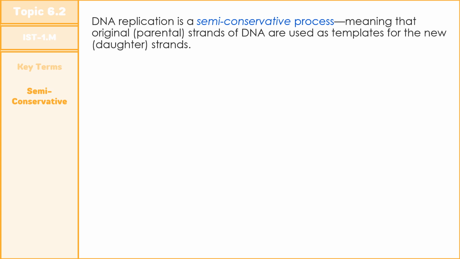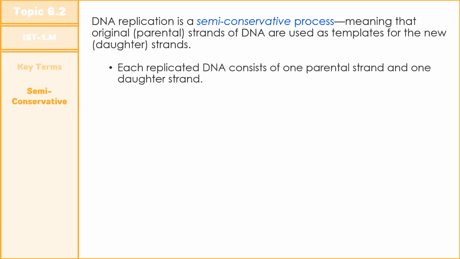So we can read the parental strands and use those strands to create our new strands, what we call daughter strands. So each one of our replicated DNA molecules that we get out of this process is actually going to consist of one parental strand and one daughter strand.